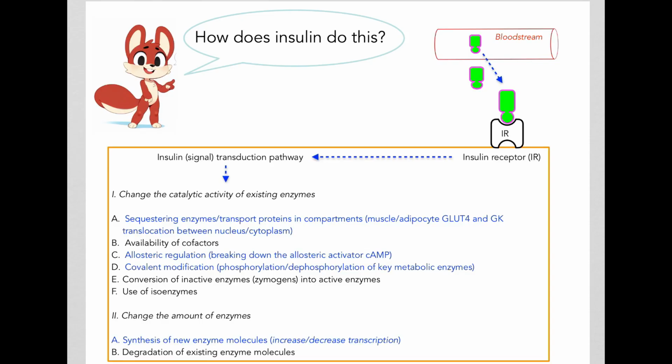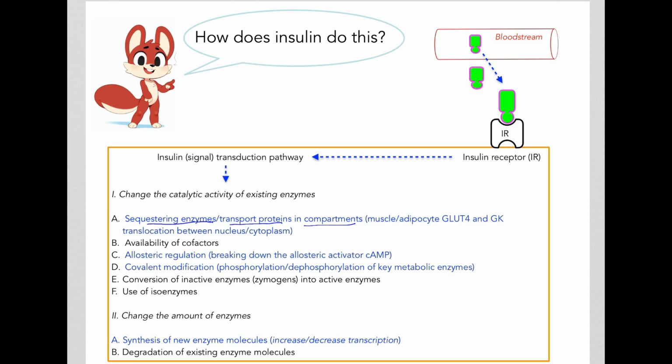This signal transduction pathway can then change the catalytic activity of existing enzymes or functions of various proteins, as well as change the amount of enzymes or proteins in the cell. So, for example, we'll see how insulin can cause the sequestering of enzymes as well as transport proteins in certain compartments.